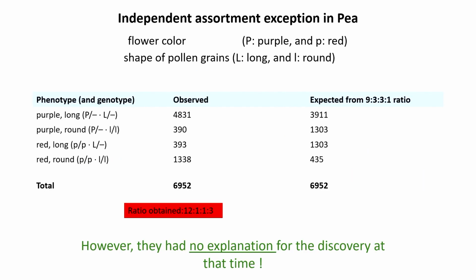If you see, this is the data from their crosses. This is just to remind you that they were trying to understand independent assortment in the pea, looking at flower color and shape. So, purple and long, I already reminded you, you can go to the week 1 classes to see how these genotypes are written.